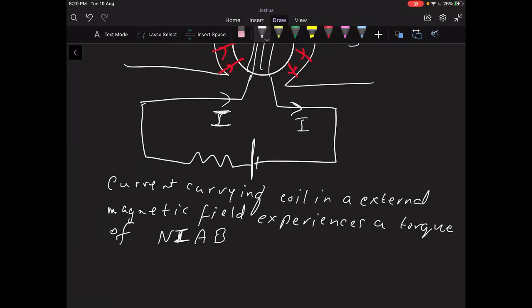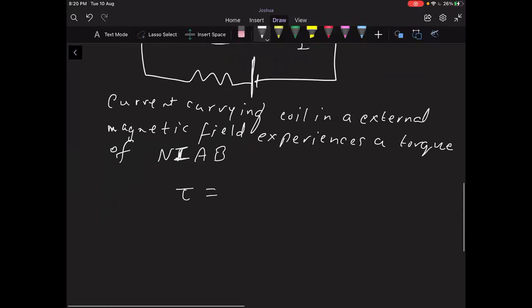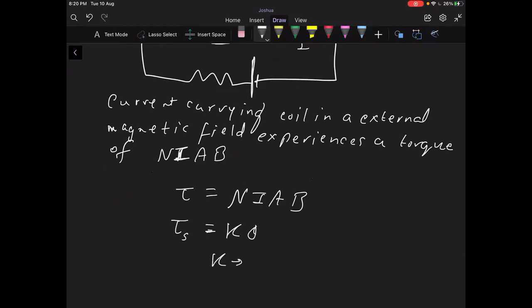Are you aware of this formula? How we are getting this? Yes. Torque is equal to NIAB. So tau equals m cross B, where m is NIA. Very good, you know it. Very nice. So NIAB, and the counter torque from the spring is K theta, where K is the torsional spring constant.